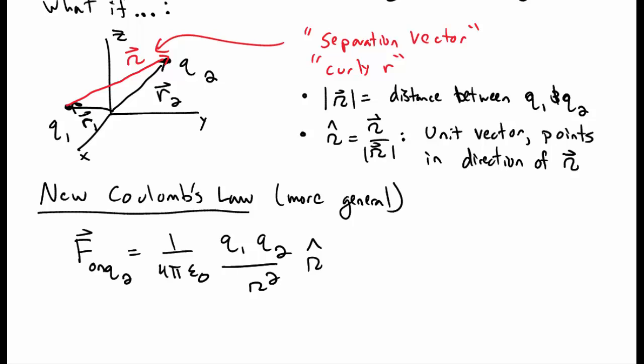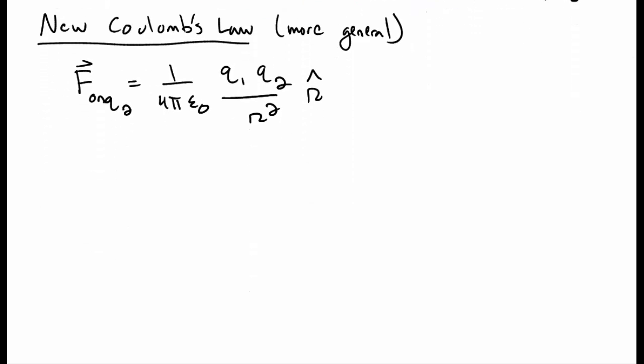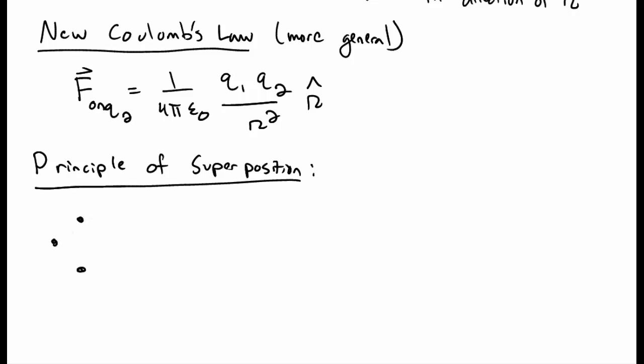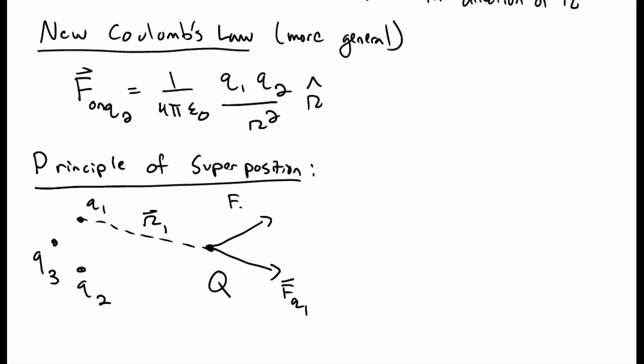Okay, so the last thing I want to mention about Coulomb's law is the principle of superposition. The principle of superposition says that if you have a lot of different charges hanging around, say 3 charges q1, q2, and q3, and they're exerting forces on some other charge, big Q, then you can consider the individual forces, F of q1, F of q2, and F of q3.